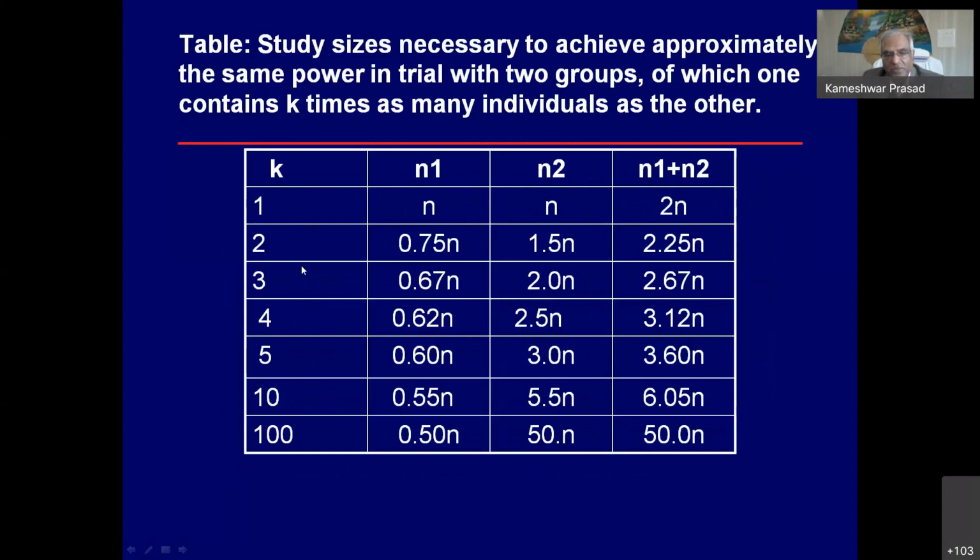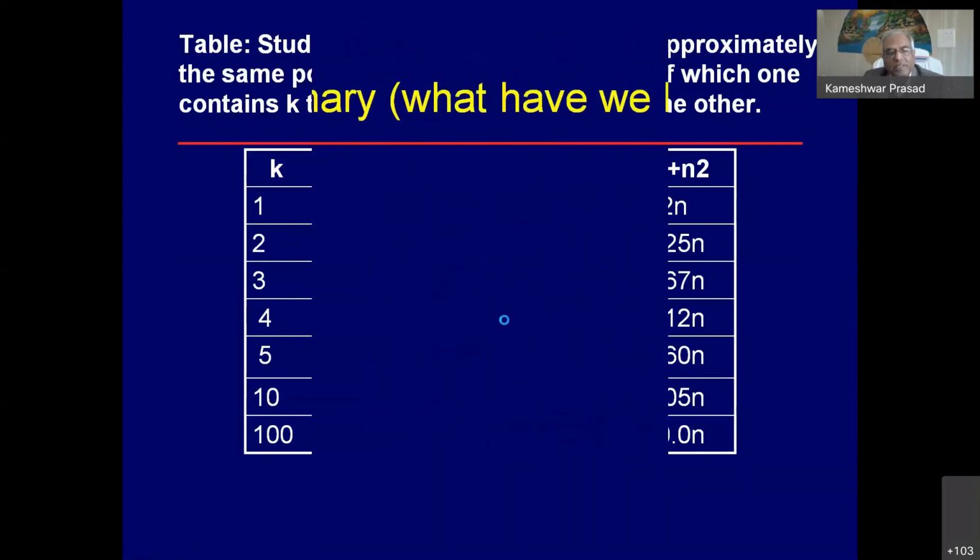But if you want 1:2, where 1 is the exposed group, 2 is unexposed, 1:2, 1:3, 1:4, then you can multiply that n by these numbers to get those who are exposed, those who are not exposed in cohort studies. So remember, these two tables are very important. Deviations from my standard formula, but by these two tables, you can get whatever you want.